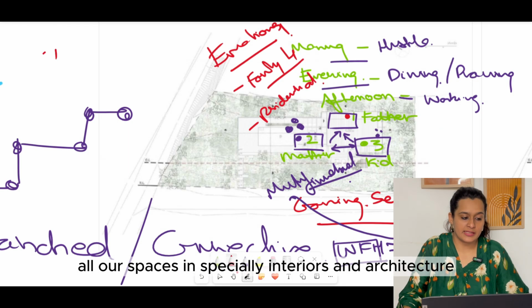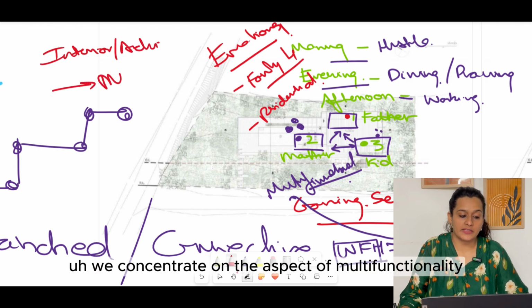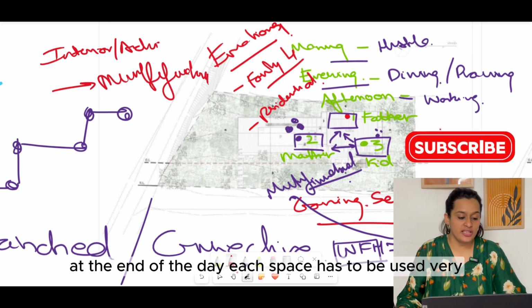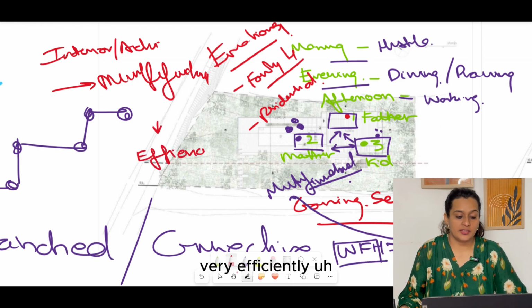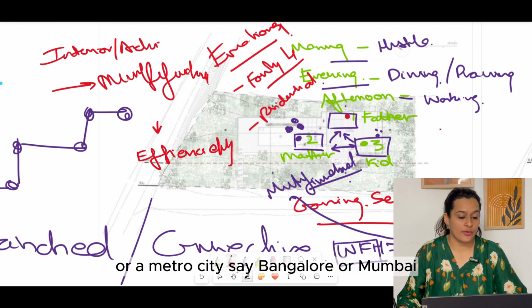In all our spaces, especially in interiors and architecture, we concentrate on the aspect of multifunctionality. Why multifunctionality? Because at the end of the day, each space has to be used very, very efficiently, especially if you're a designer in a metro city, say Bangalore or Mumbai.